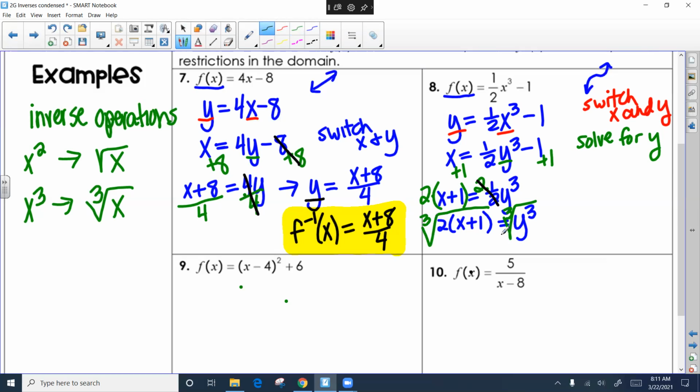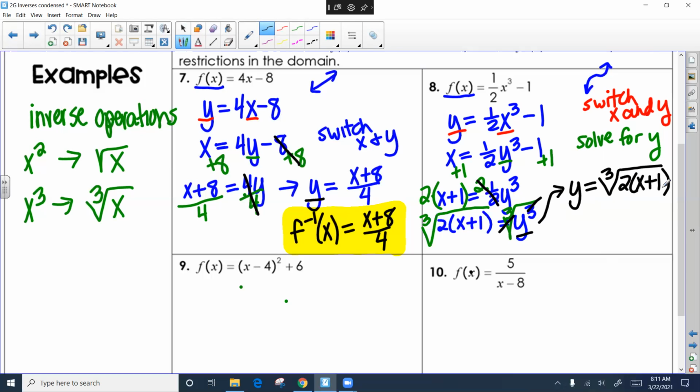Okay, so on this side, the right side, the cube root and cube get rid of each other. And now the y is by itself, which is what we want. And then on this side, we have the cube root of 2 times (x plus 1). Okay, so let's write that. So we have y equals the cube root of 2 times (x plus 1).